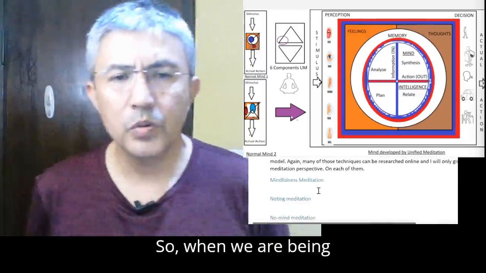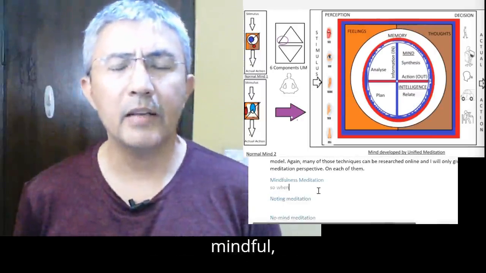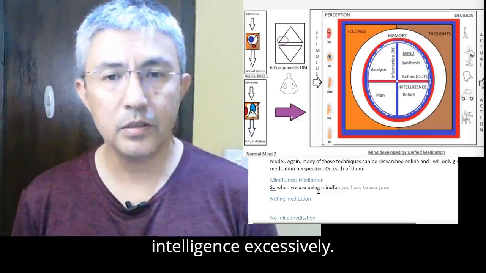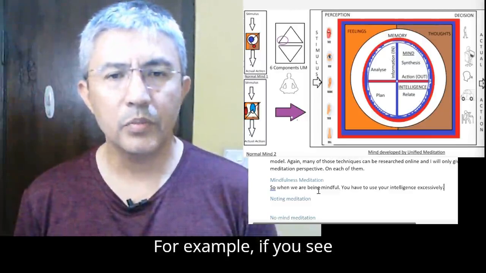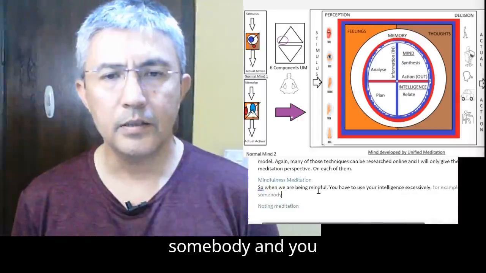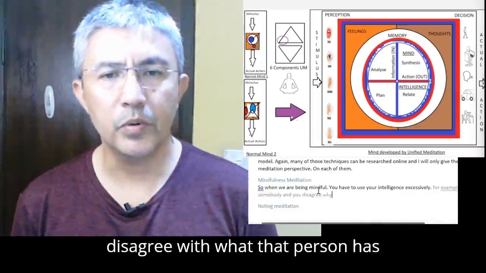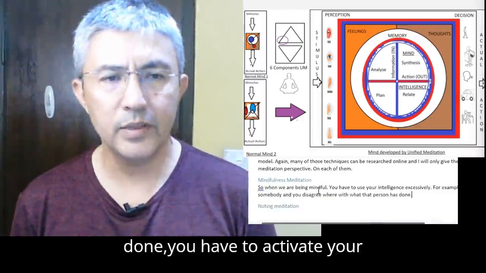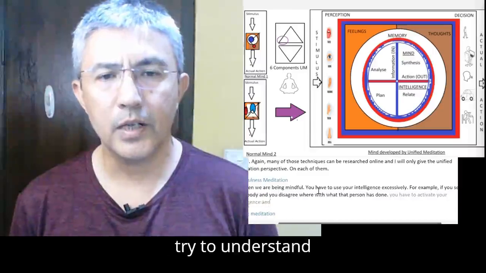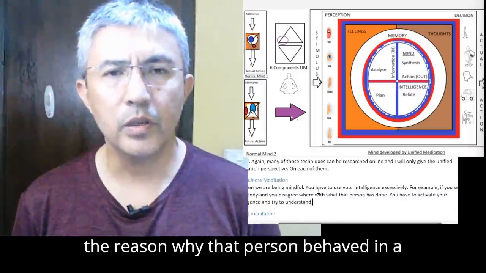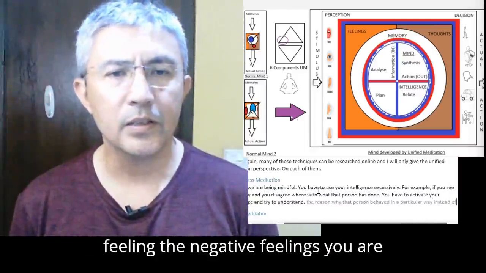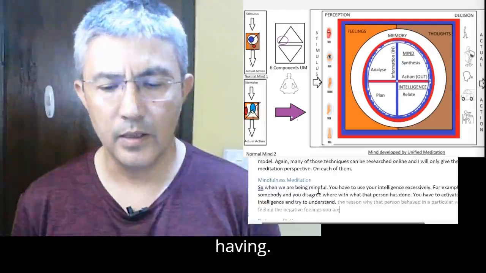So, when we are being mindful, you have to use your intelligence excessively. For example, if you see somebody and you disagree with what that person has done, you have to activate your intelligence and try to understand the reason why that person behaved in a particular way instead of feeling the negative feelings you are having.